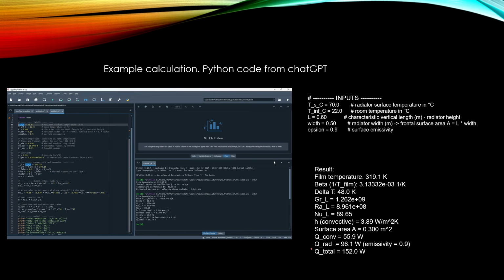And from these results we can see that this convective heat transfer was almost 56 watts, but the radiation was 96.1 watts. So the radiation was even higher than the convection in this case.